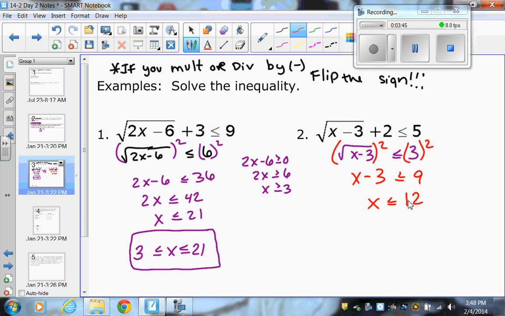But before I say this is my answer, I'm going to go back and look at my radical. So I have that x minus 3 has to be greater than or equal to 0 because we can't have a negative. So this tells me x is greater than or equal to 3. So we would have that x is greater than or equal to 3, which is the same thing as 3 is less than or equal to x, and that x is less than or equal to 12.